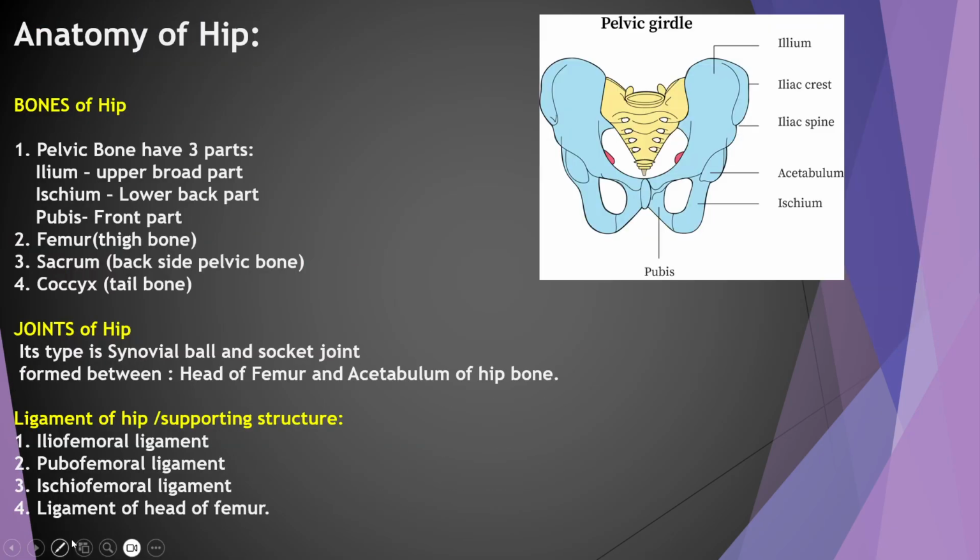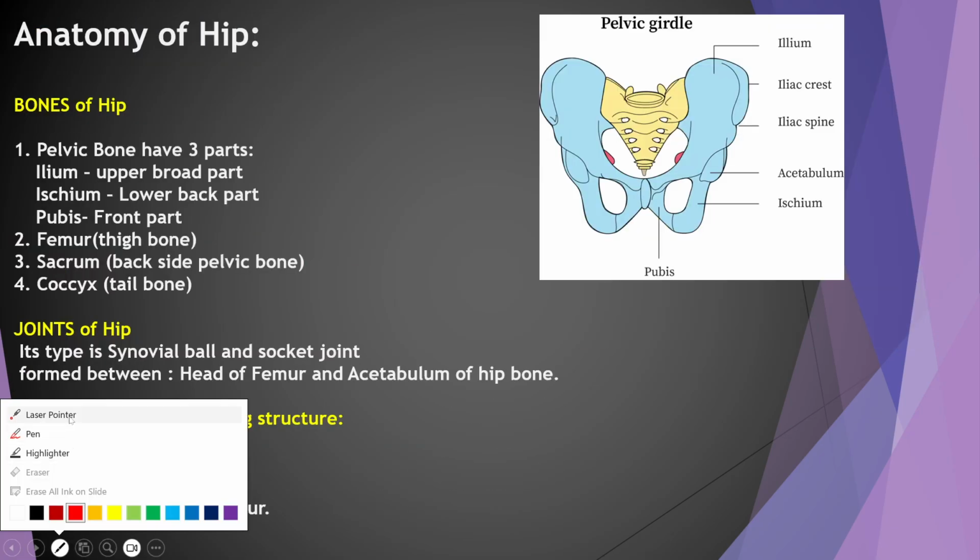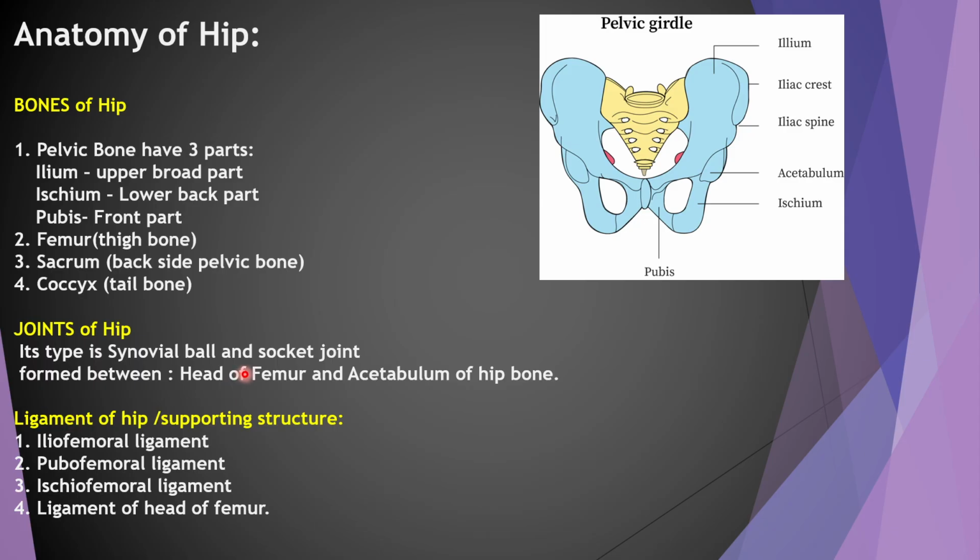Okay. So coming to the anatomy of the hip. The hip is formed by the pelvis and the femur. The hip joint is a synovial ball and socket joint formed between the head of the femur and the acetabulum, supported by strong ligaments and muscles, and it allows movement in multiple directions. These are the bones of the hip: the pelvic bone, which contains three parts, ilium, ischium, and pubis.